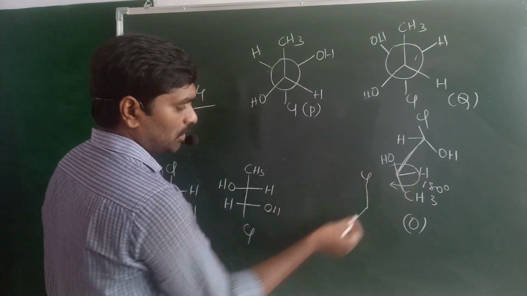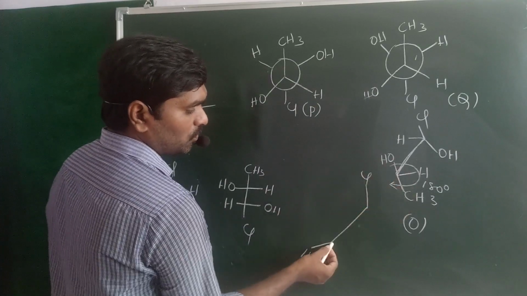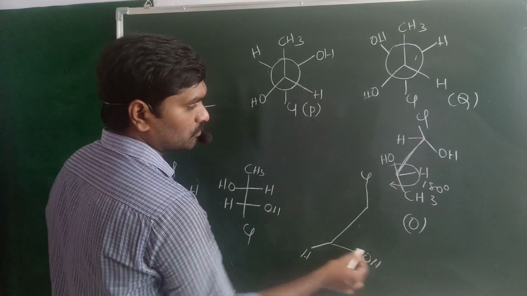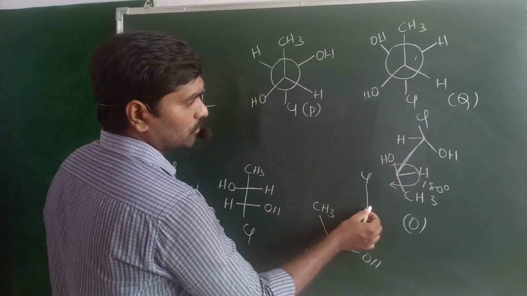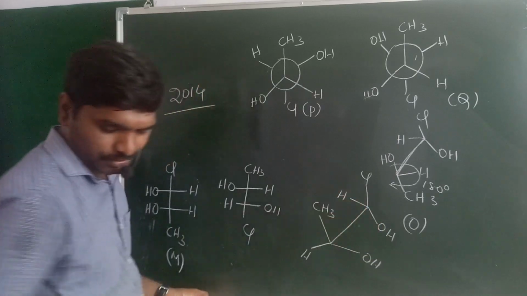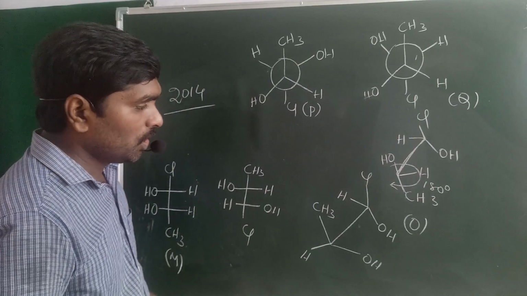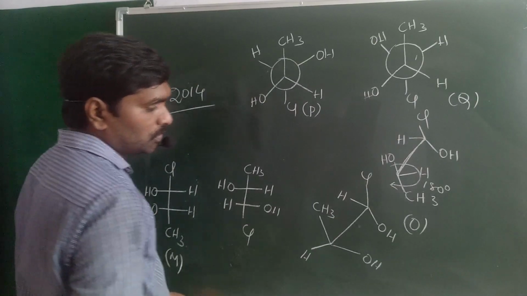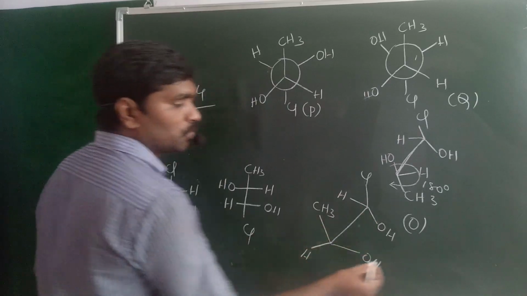Cl, H occupies the position like this, OH, CH3, same configuration, OH, H. On the vertical line you have the two OH groups.